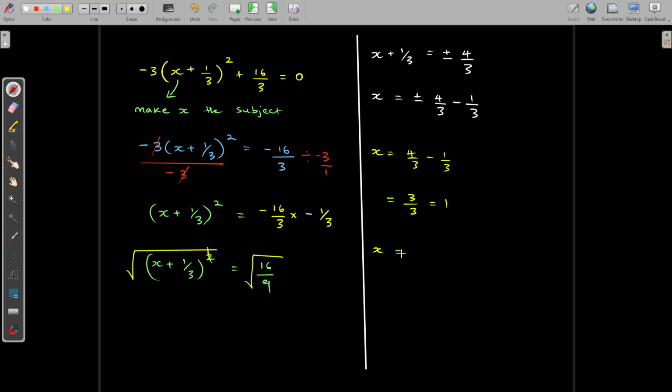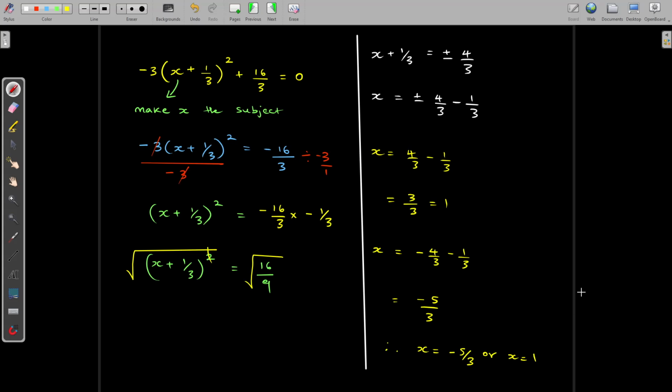The next solution would be using the negative 4 over 3. So that's negative 5 over 3. So therefore, x equals negative 5 over 3 or x equals 1.